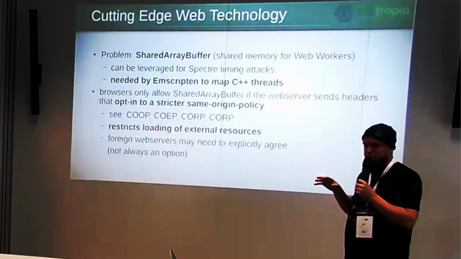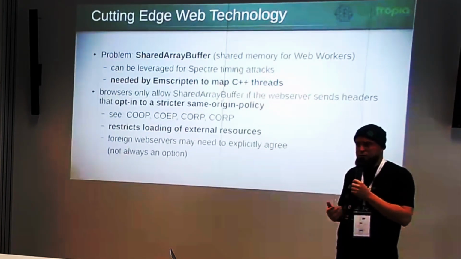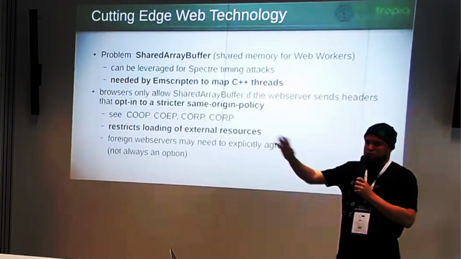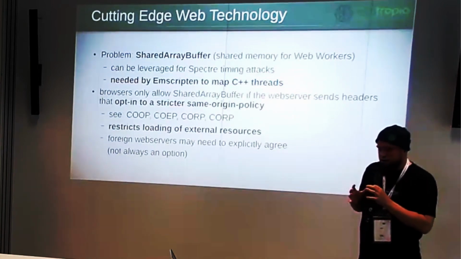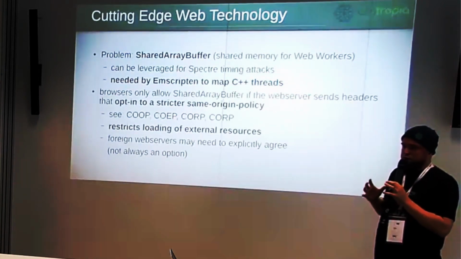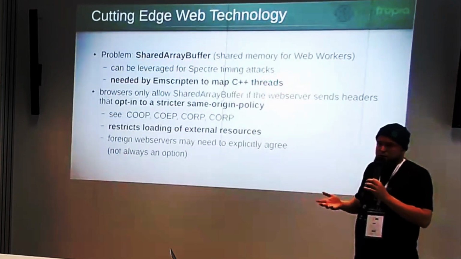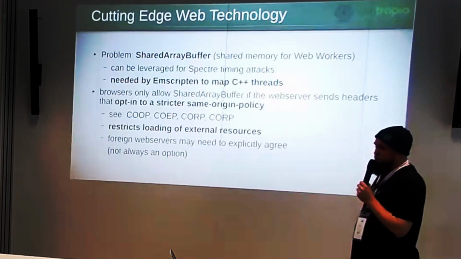When you have one browser tab where stuff gets loaded from different origins, like a picture from one origin, a JavaScript library from another, and then your own code from your origin, and you mix that all together, then you have to agree to certain restrictions when you want to use shared array buffers. And you can't run LibreOffice without shared array buffers, because without them you can't simulate something like threads.